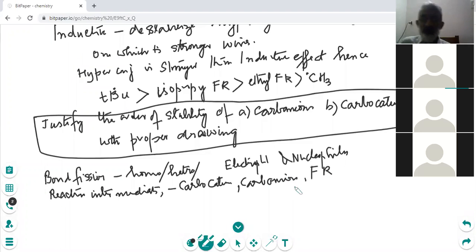And their order of stability, their formation, everything we have discussed in detail. Different types of carbocations like nitronium ion, sulfur trioxide, all these we have discussed in detail. Then during the stability of these, we have discussed the inductive effect.